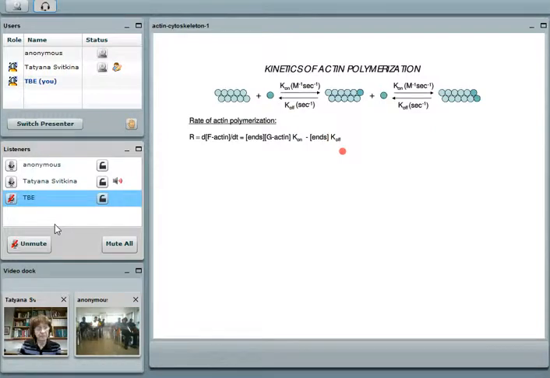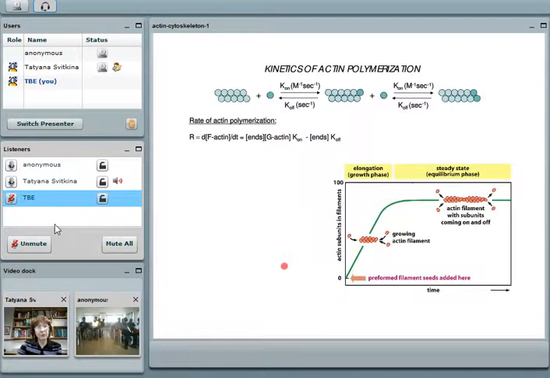So now we do an experiment in which we actually measure how much actin polymerizes per unit time, and this can be done experimentally. You can put a certain number of pre-existing filaments into the reaction, a certain amount of monomers, and monitor how much filamentous actin appears in the tube.